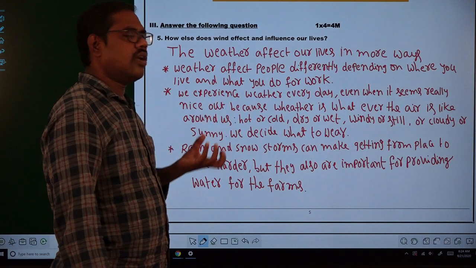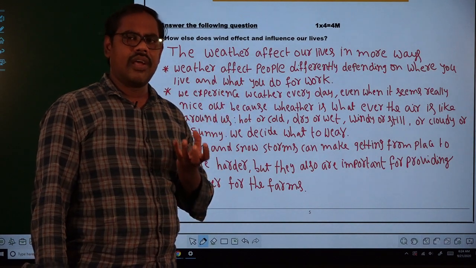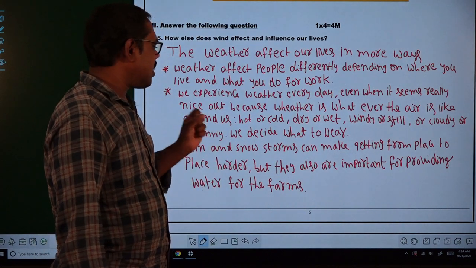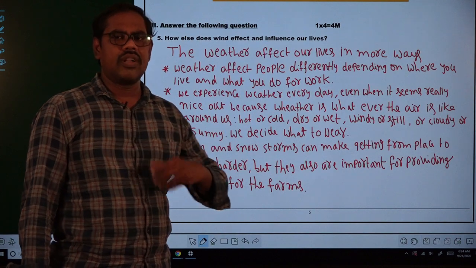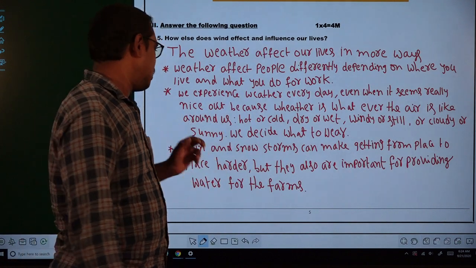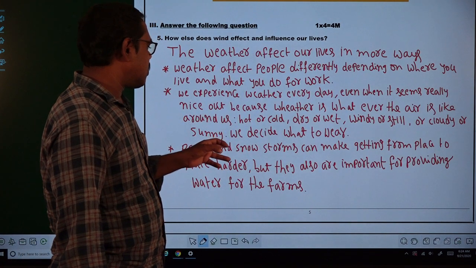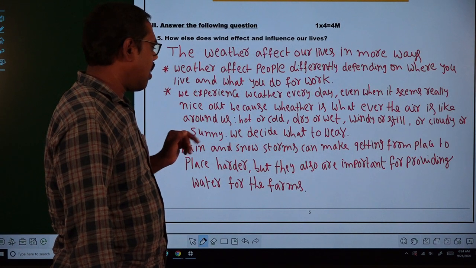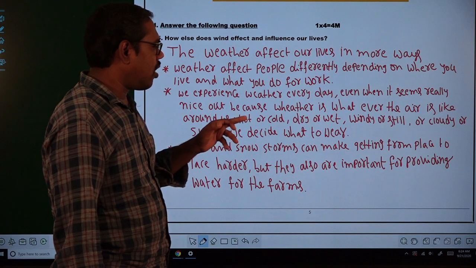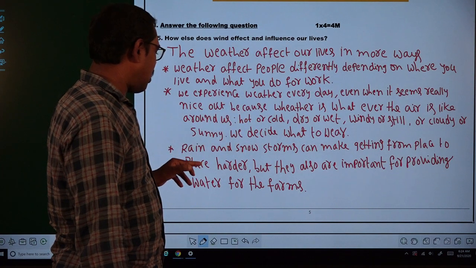Based on this we get the weather effect. Next, it decides what we wear. Based on these conditions, we wear different types of clothes. Rain and snowstorms can make getting from place to place harder, but they are also important for providing water for the farms.